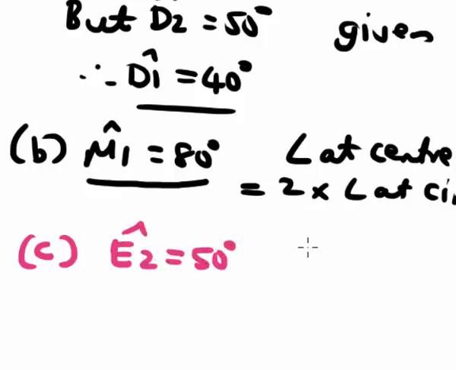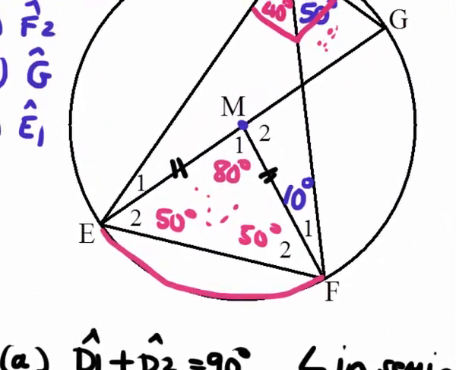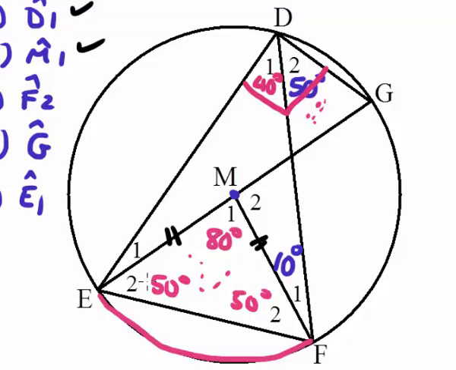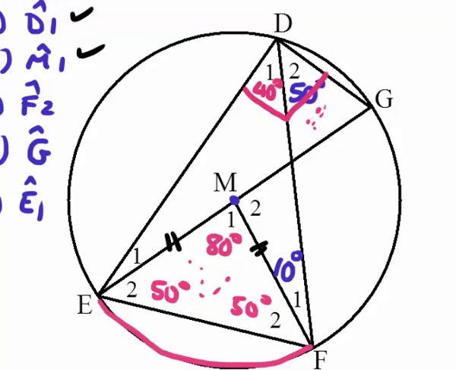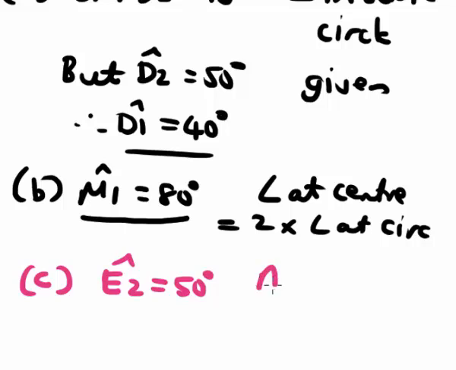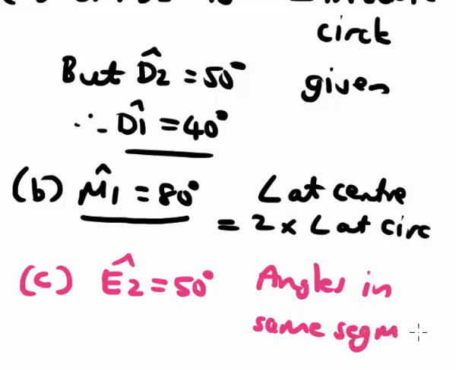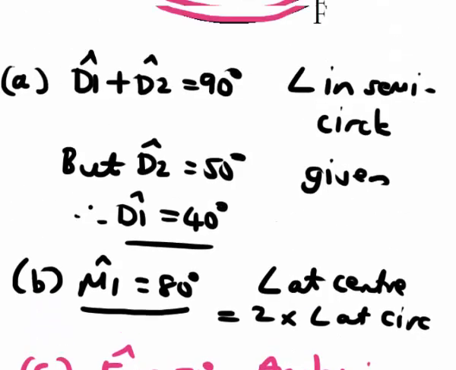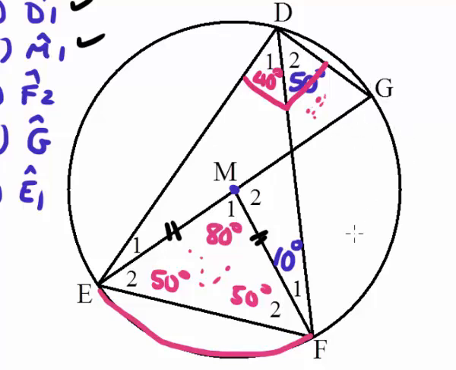And the reason for that is angles in the same segment, or I like the one with the arc: E2 is equal to 50. That is angles in the same segment. You can use angles in the same segment, or you can use the fact that an arc subtends equal angles, and that would be E2 there. We could say arc GF subtends equal angles.